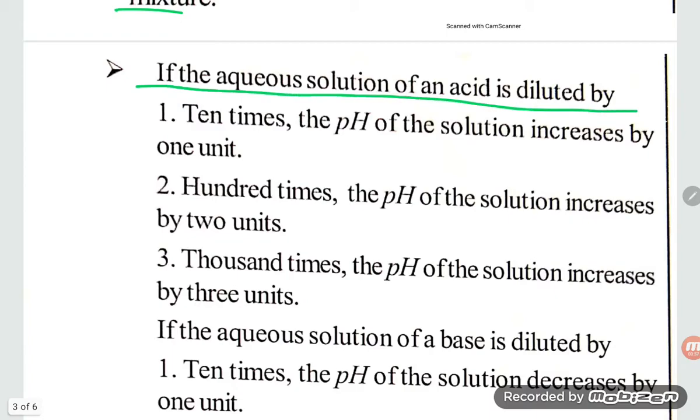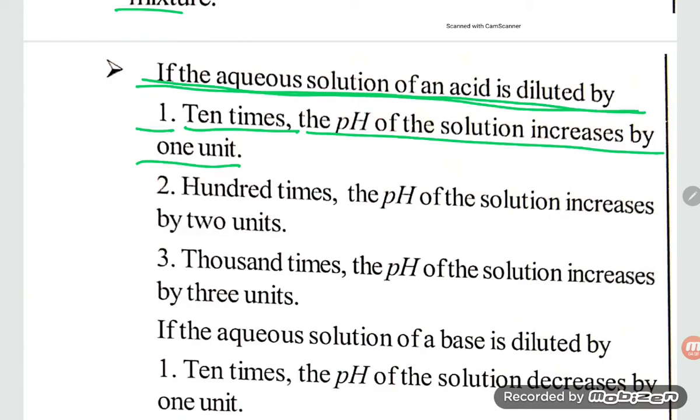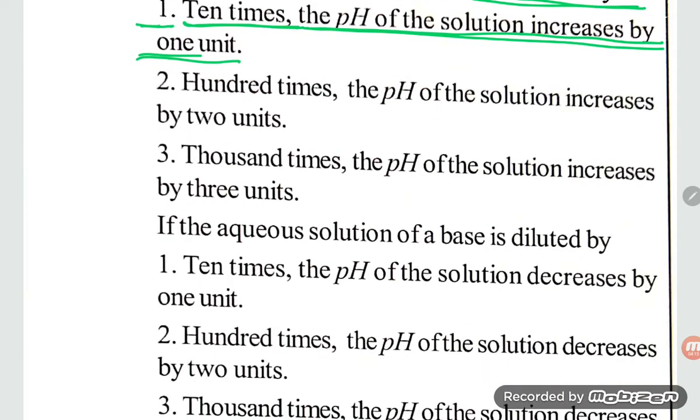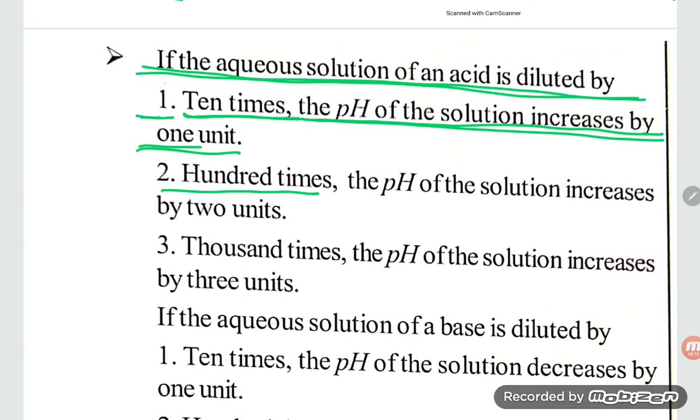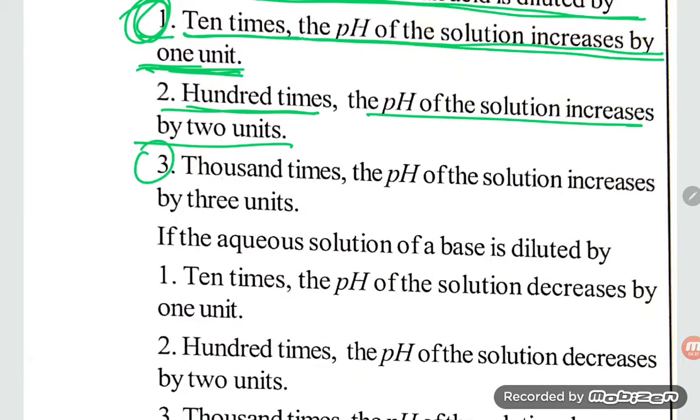If the aqueous solution of an acid is diluted by 10 times, the pH of the solution increases by 1 unit. 100 times, the pH of the solution increases by 2 units, and 1000 times, the pH increases by 3 units.